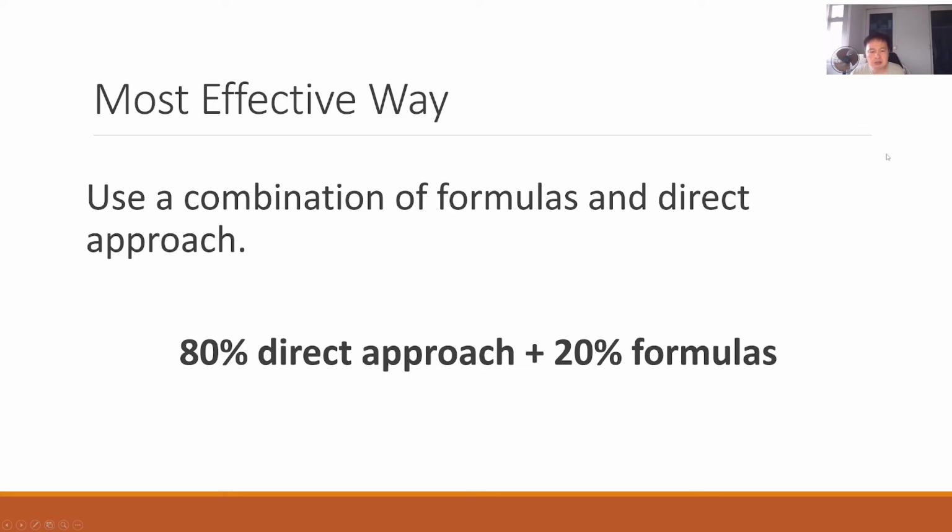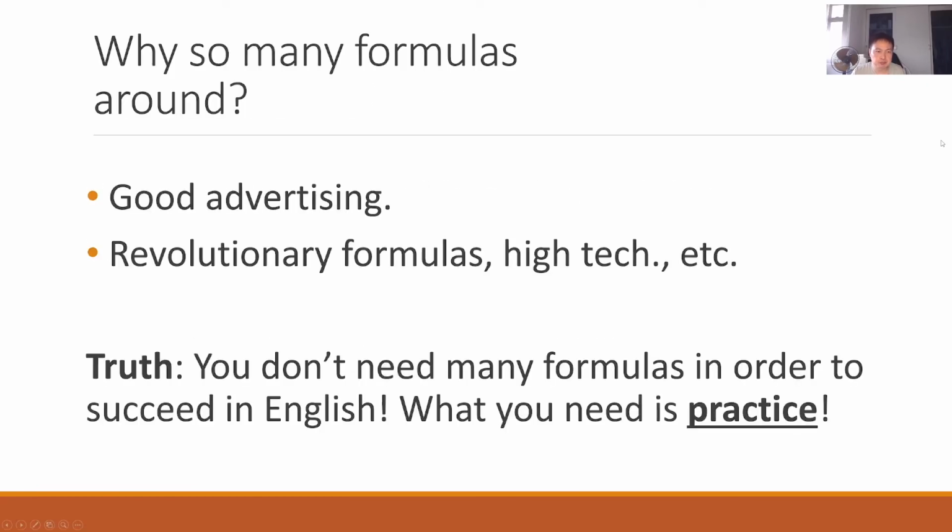But 80% of the time, if they're able to achieve the result that's expected from them, then I just tell them, this is what you need to do, step 1, step 2, step 3, and you are done. We keep it simple, keep it direct. You don't have to have one more additional step of recalling the formula. You don't have to recall any fancy formulas. That is my preferred approach.